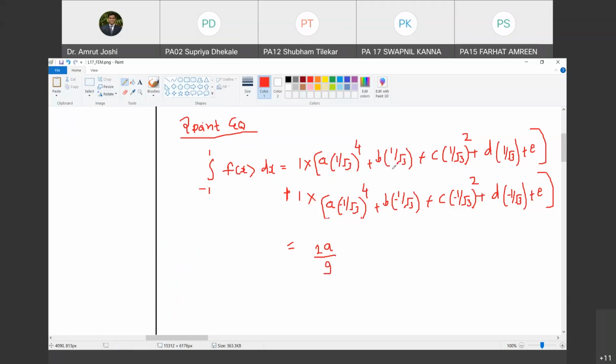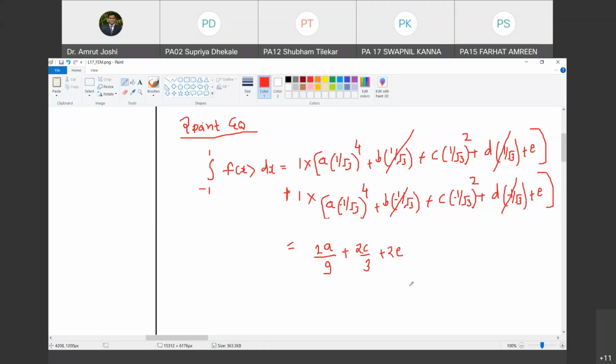Yes, sir. b by root 3 cube and minus b by root 3 cube, these two terms are going to get cancelled. 1 by root 3 square is 1 by 3, minus 1 by root 3 square is 1 by 3. So you are going to have plus 2c by 3. d into 1 by root 3 minus d into 1 by root 3, both are going to get cancelled, plus 2e.